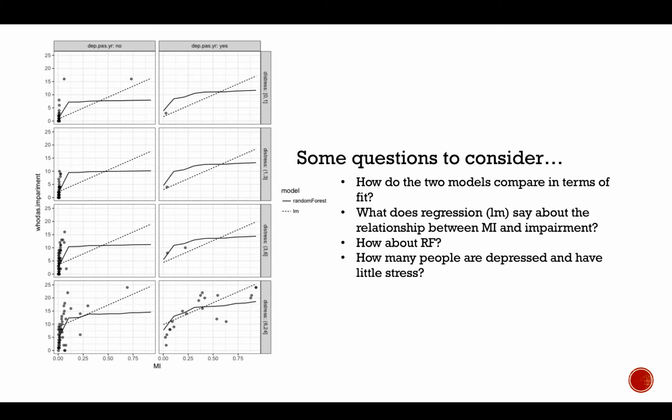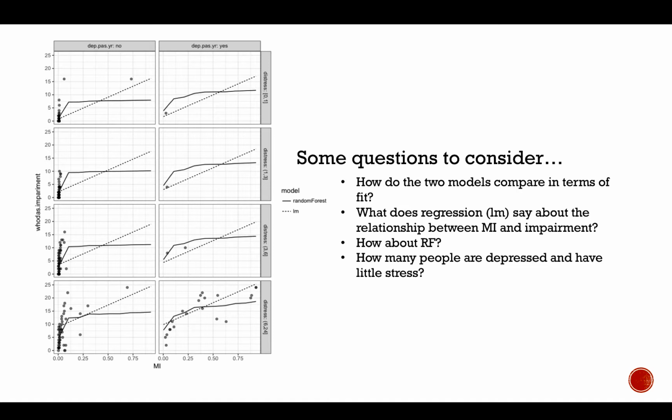Another question: what does regression say about the relationship between mental illness and impairment? Regression says that it's linear, that the more you increase in mental illness, the more you will be impaired, and it is a straight line relationship.